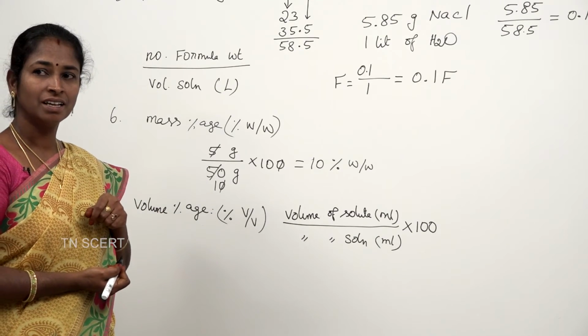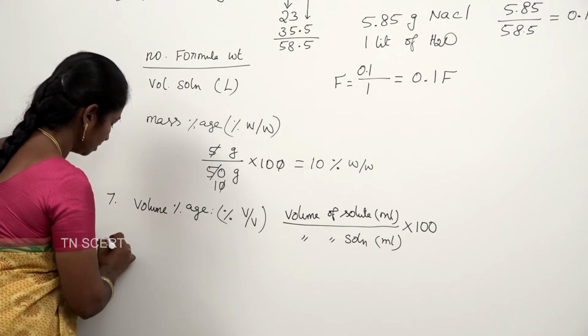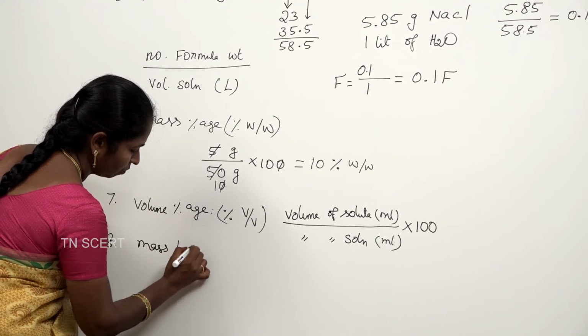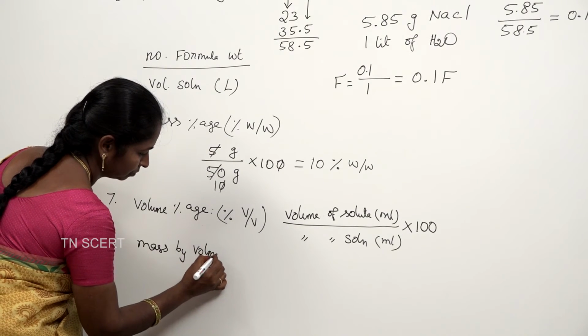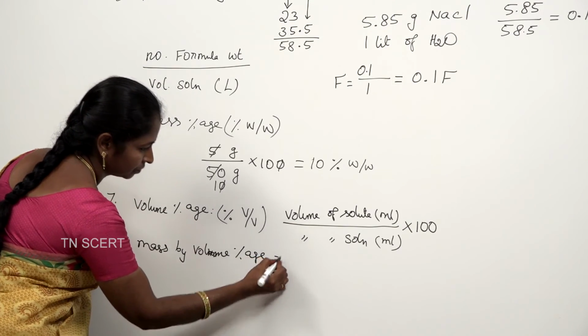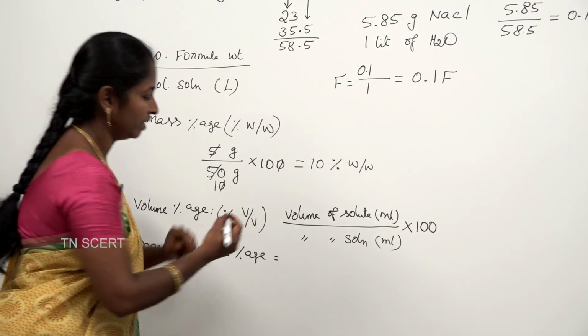The next one is mass by volume percentage. What is that? Mass by volume percentage is equal to mass of the solute given in gram.